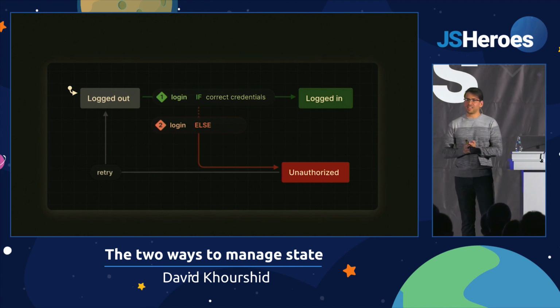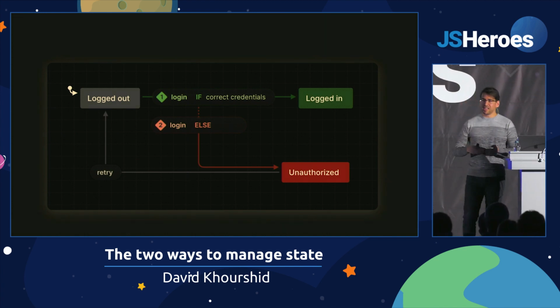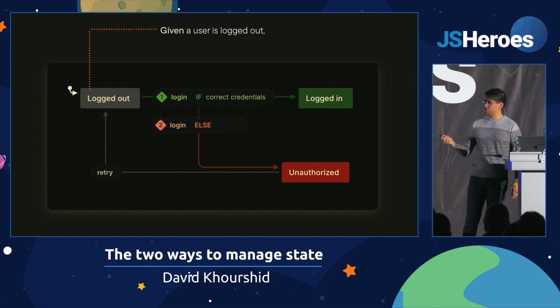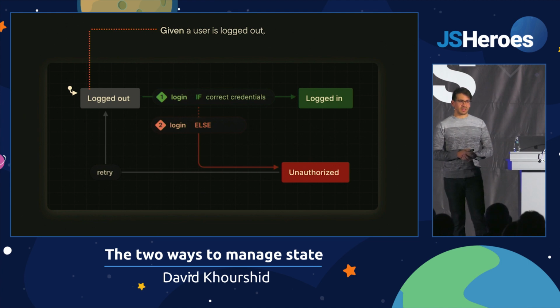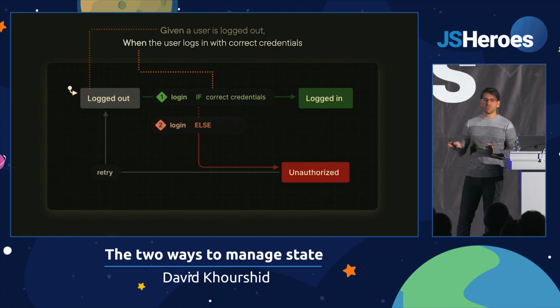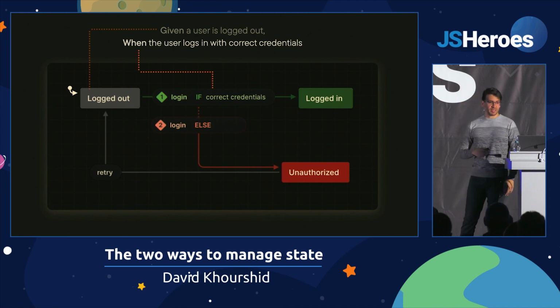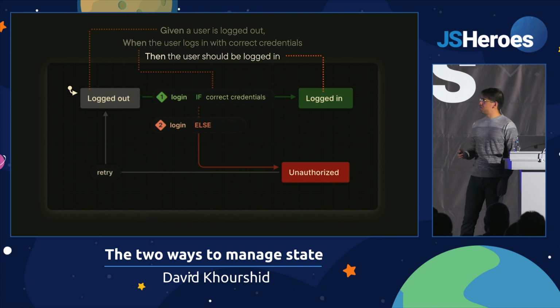And I realized that everything is a graph really applies even when we're specifying requirements in natural language. For example, if a user is logged out, we're representing this as a state in the state machine. When the user logs in with correct credentials, which is represented by that event in transition, then the user should be logged in.